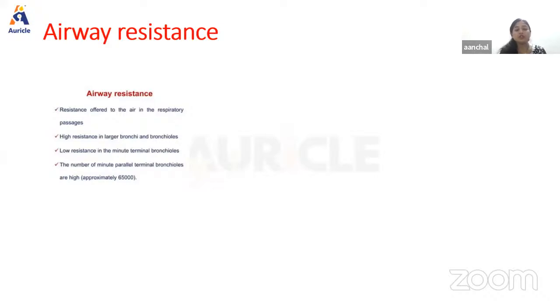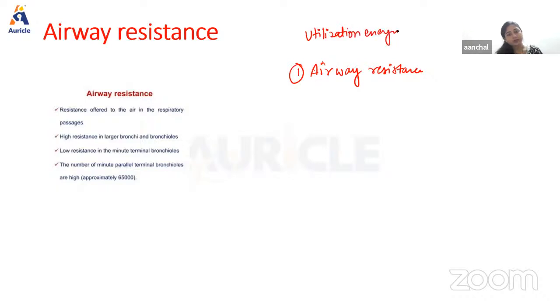Whenever we do any kind of work, if we consider the work of breathing, the energy is utilized to overcome 3 types of resistance, and those include airway resistance, then elastic resistance of lungs and thorax, and third, non-elastic viscous resistance.